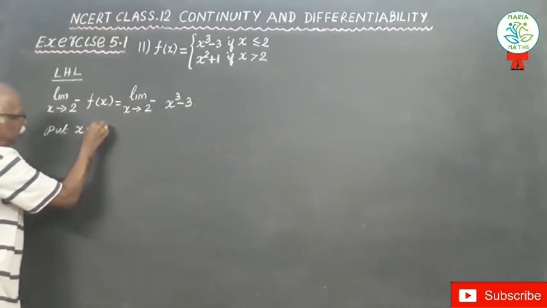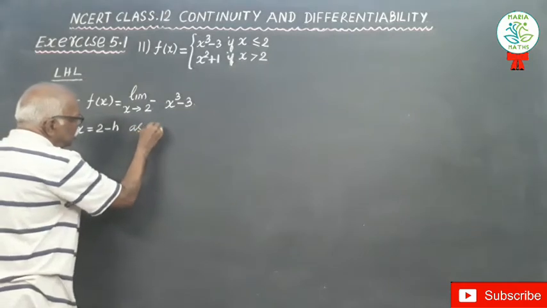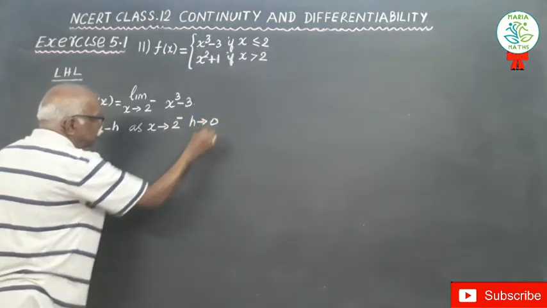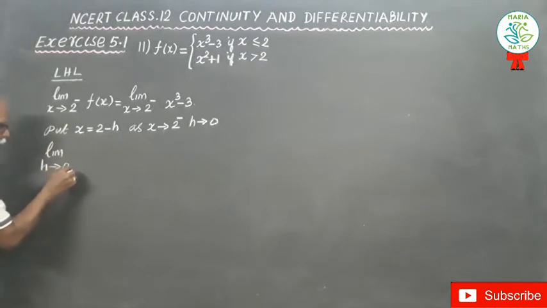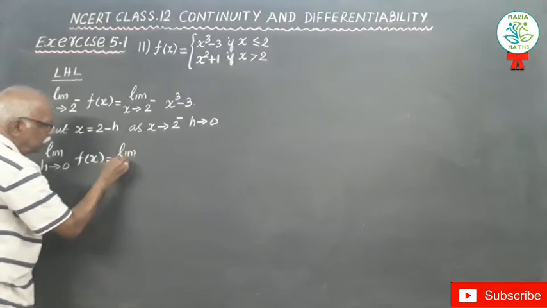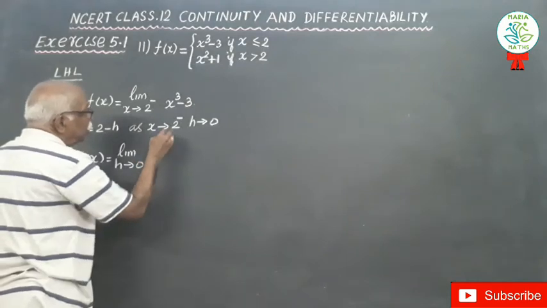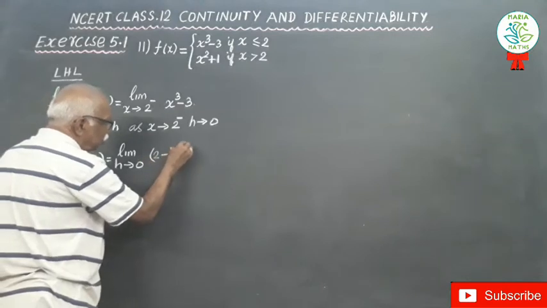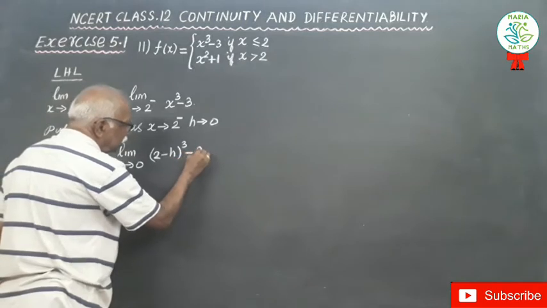If you put x is equal to 2 minus h, as x tends to 2 minus, h tends to 0. Limit h tends to 0, f of x equal to limit h tends to 0, x cube, that is 2 minus h the whole cube minus 3.